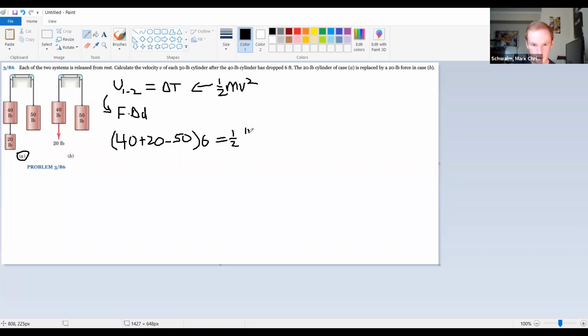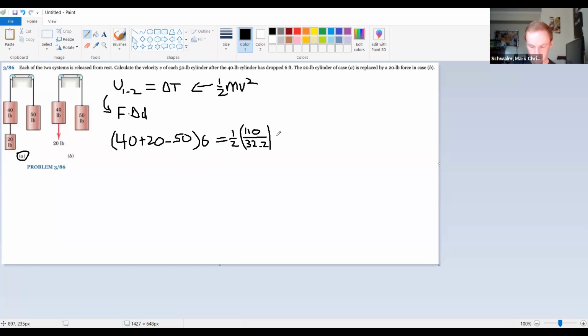Since we want that in mass instead of force, we're going to divide that by 32.2 feet per second squared, just to get it in terms of pounds.